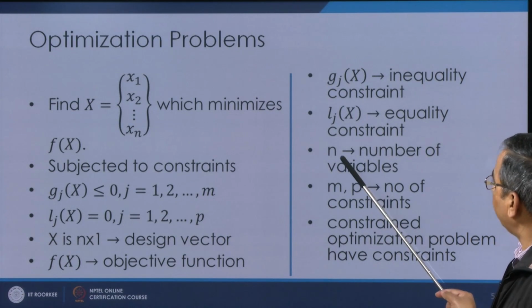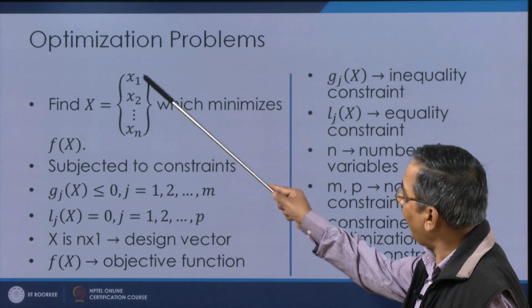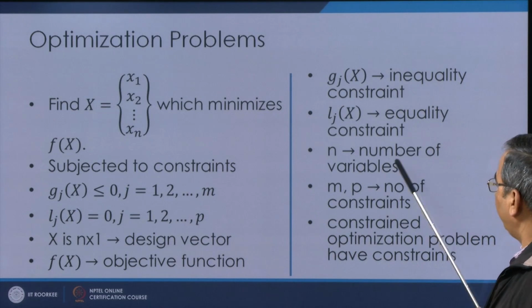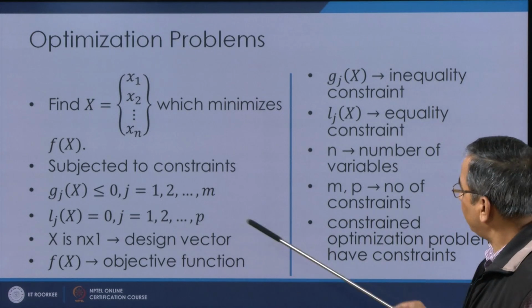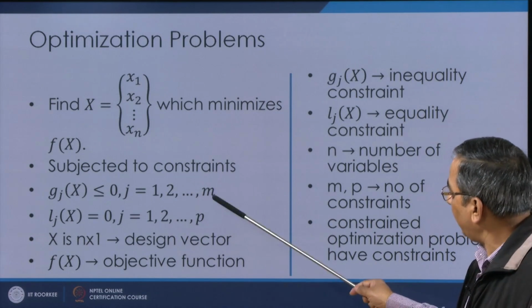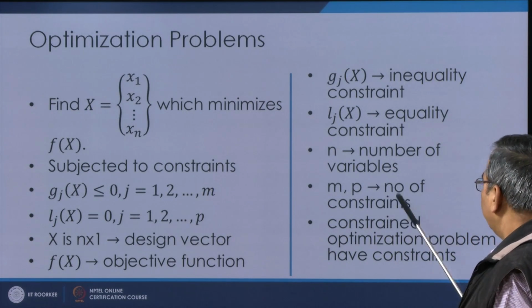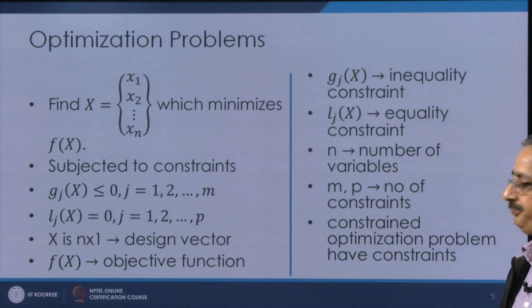And n here is the number of variables, and M and P are the number of constraints.